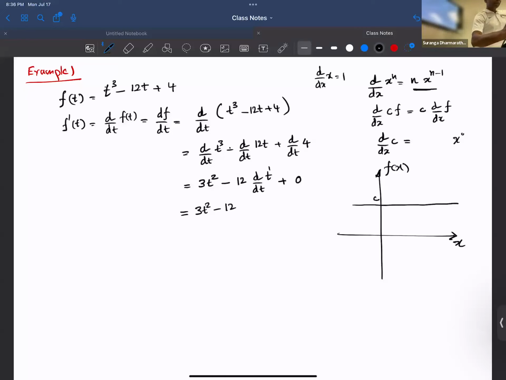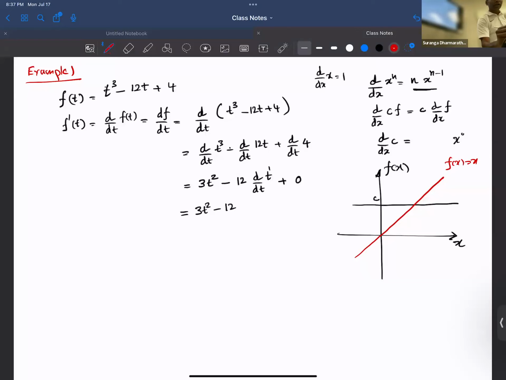Again, graph. Go to the basic graph. If you have a graph like that, y equals x. If f of x equals x, this is a linear or straight line that goes through 0, 0. What should be its derivative? Its slope is always constant, so your derivative should always be a constant.